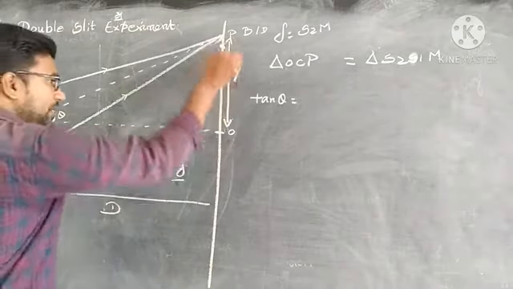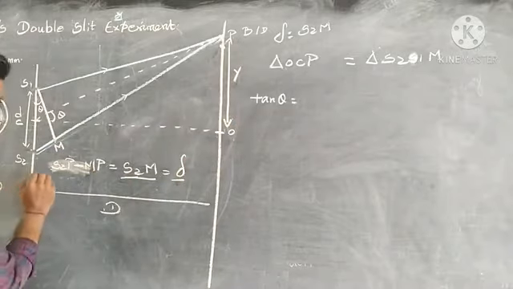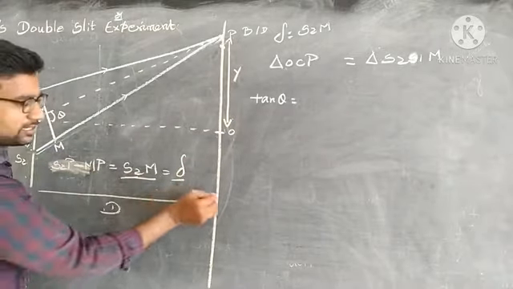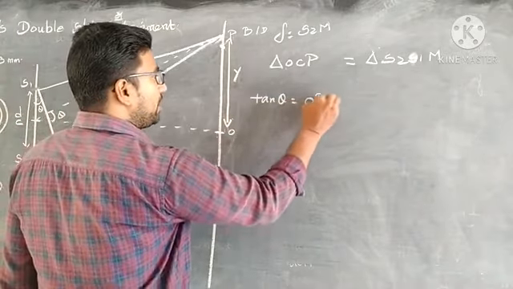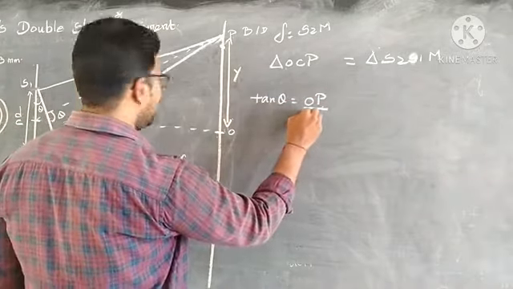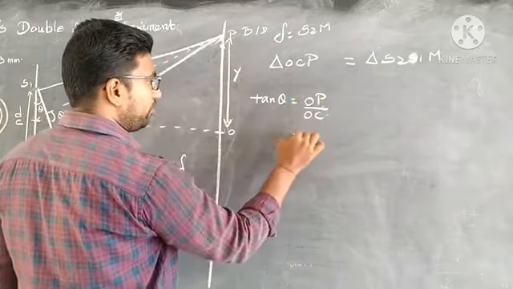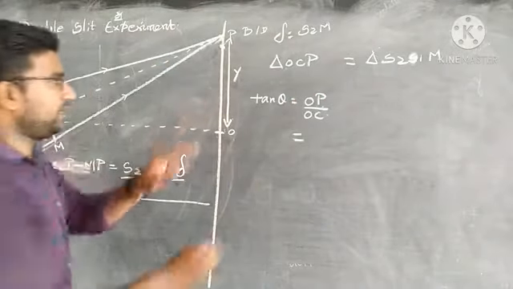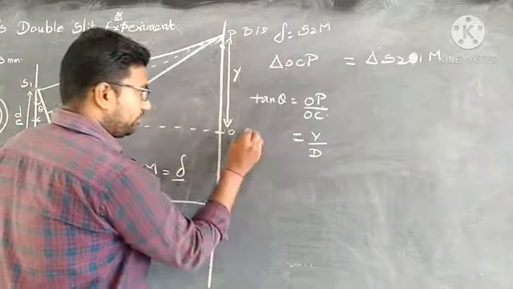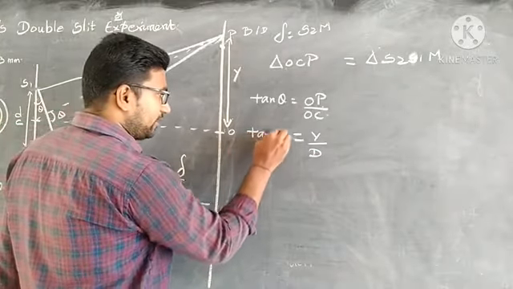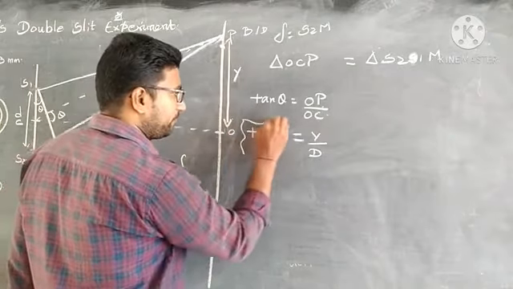OP is y and the distance between the slit and screen is D. So tan theta is equal to OP divided by OC. What is the value of OP? y. And what is the value of OC? D. So tan theta equals y by D.